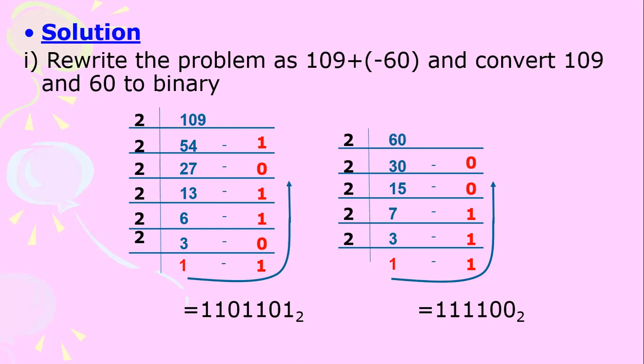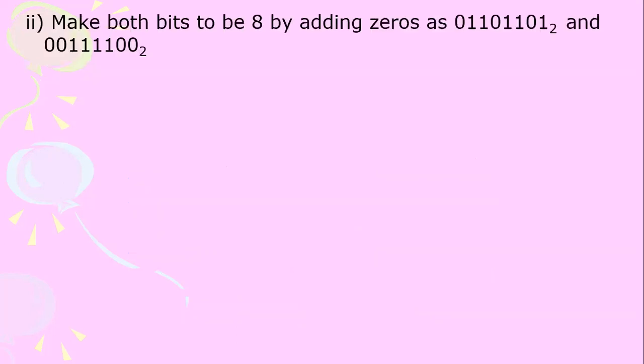So add an extra bit on the most significant side. Then for 60, we have 6 bits, so add 2 zeros on the most significant side. So that gives us 01101101 and 00111100.